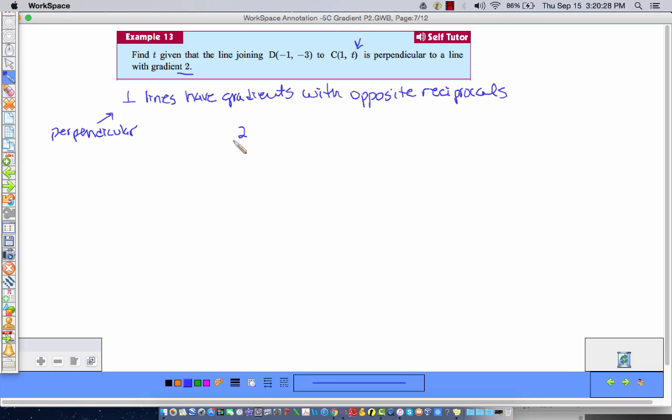So I'm going to think of that as 2 over 1. But a line perpendicular to it is going to have a slope of the opposite reciprocal. Let's do the reciprocal first, meaning you just switch the numerator and the denominator, and take care of the opposite. Okay, it's positive, so now it's going to be negative. If it was negative, then it would become positive.